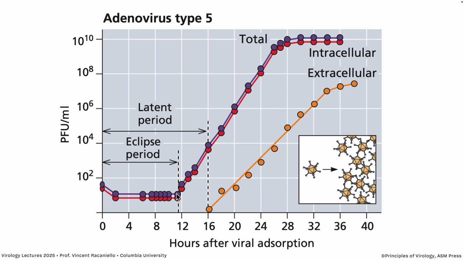So in the eclipse period, we see no infectivity in the cells. And then there's a new period here, the latent period, where the new virus particles can only be found inside cells. And then starting at 16 hours or so after infection, you can see the release of virus particles from cells. And that defines the latent period. So you can see some viruses, it takes some time between when they are made in the cell and when they can get out of the cell.